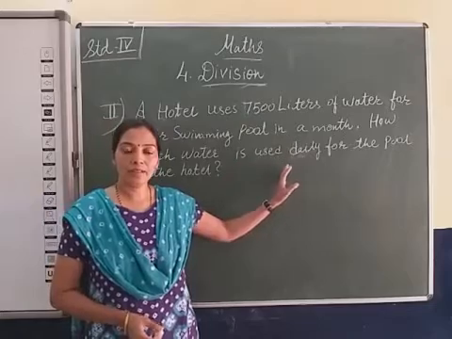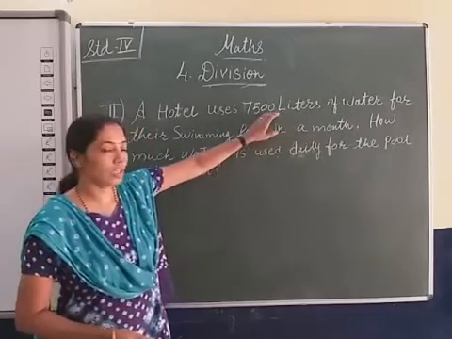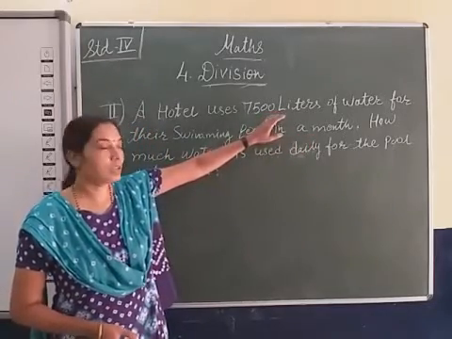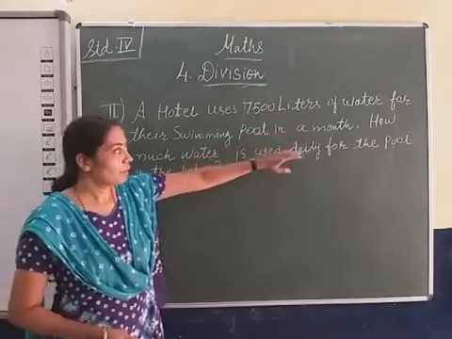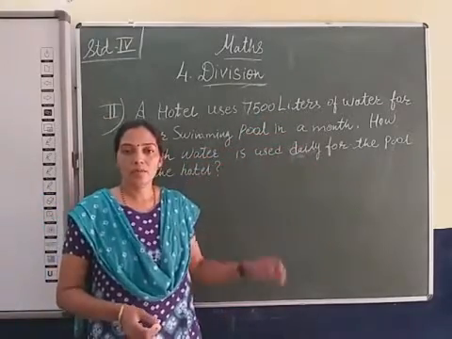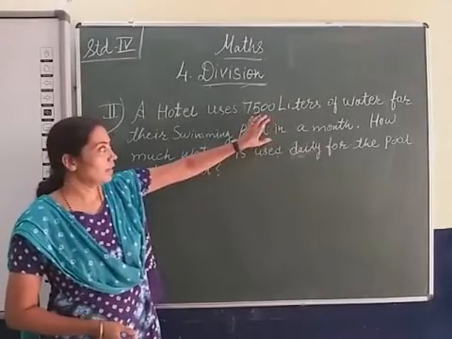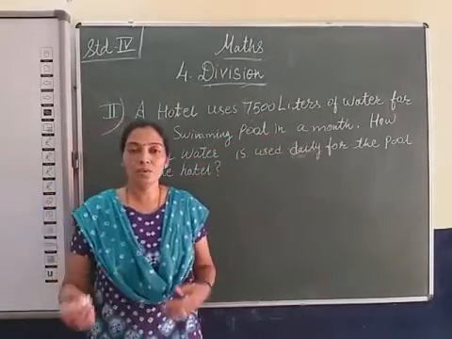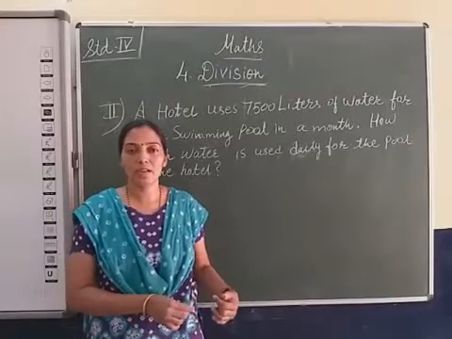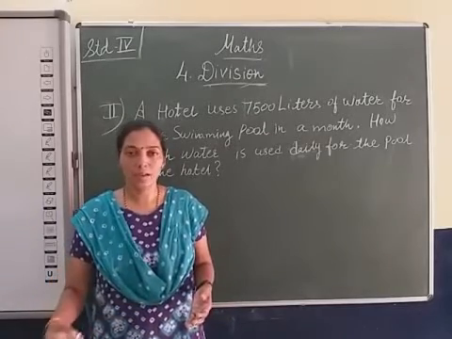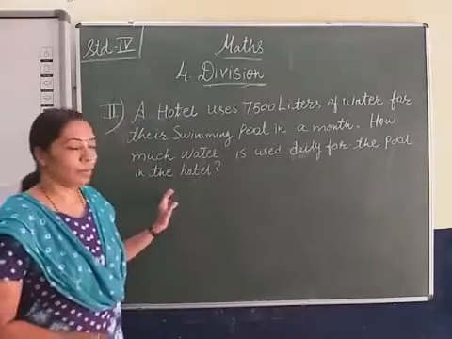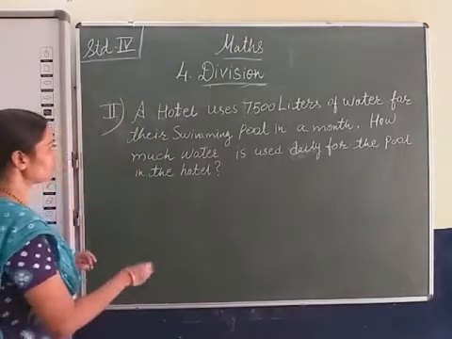Why do we divide by 30? Because this liter amount is given for the month. Yes, the water given, 7,500 liters, is used in a month of 30 days. So we find out for a day. Yes. So let me put the statement.